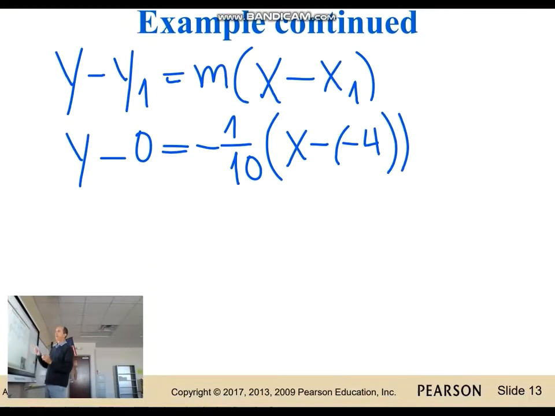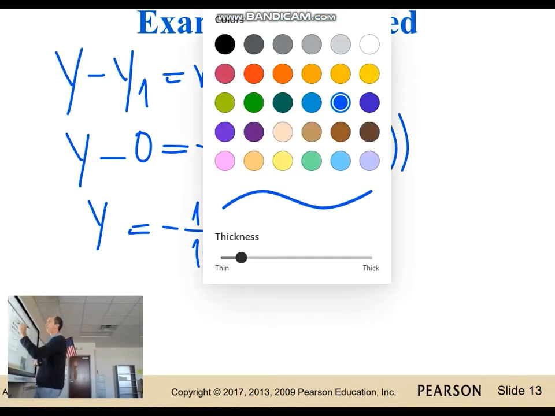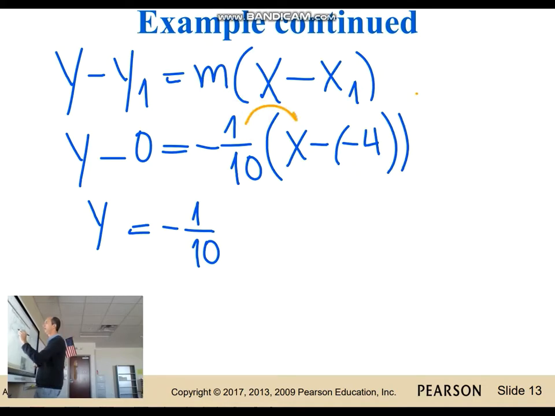Now simplify and we have y equals -1 over 10 x. Apply the distributive property here: -1 over 10 times x, negative with negative is positive, and 4 times 1 over 10 is 4 over 10.